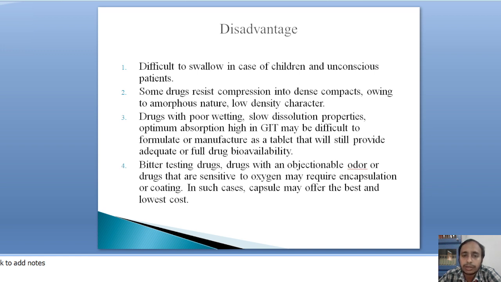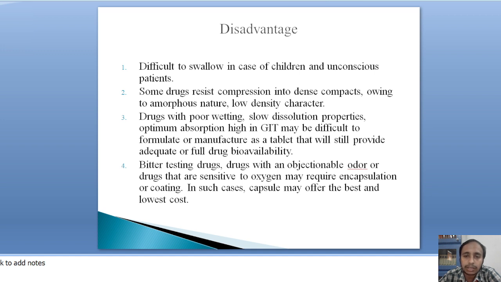Then drugs with poor wetting and slow dissolution properties. I will discuss later that dissolution is another chapter. Dissolution is an evaluation test parameter for tablets. For your understanding, dissolution is the solubility. When I place sugar in a glass of water, it should mix with the water and be clear water.